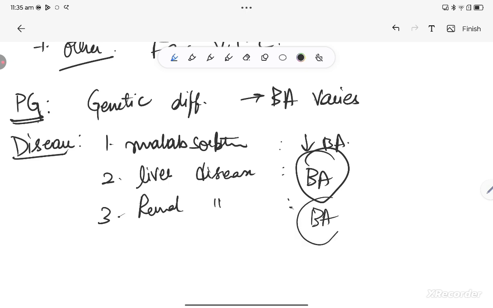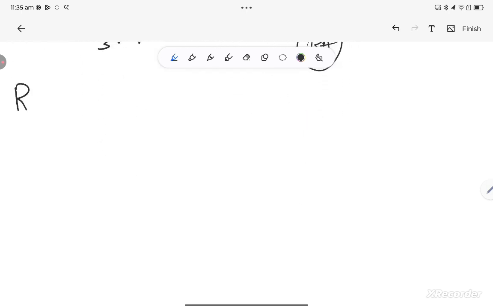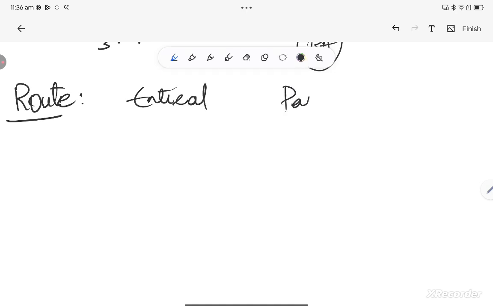With this, all the factors are finished. Now, we will understand one most important thing, effect of bioavailability because of route of drug administration, oral or enteral, parenteral. In parenteral we have IV, IM, subcutaneous. Enteral has many routes.